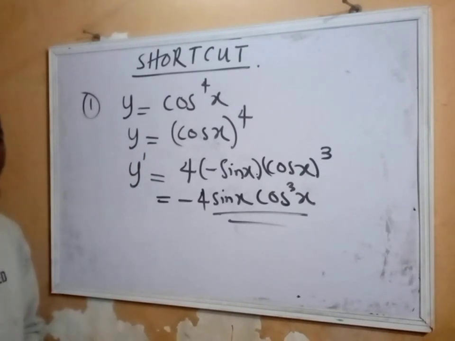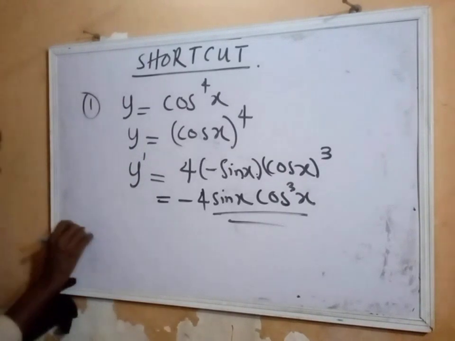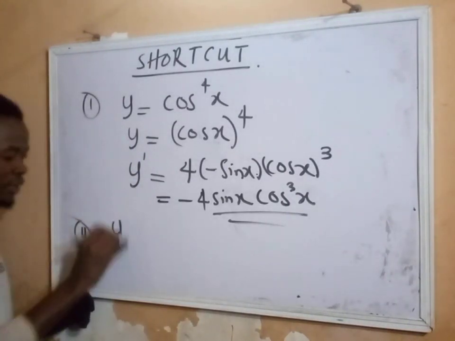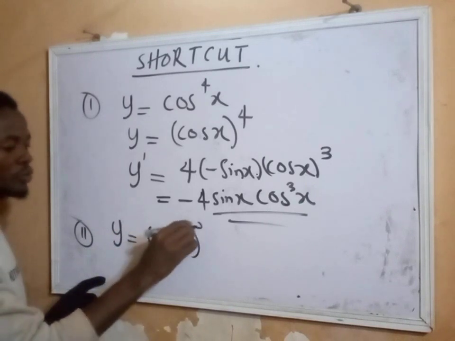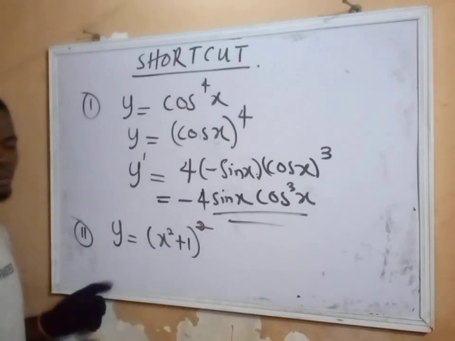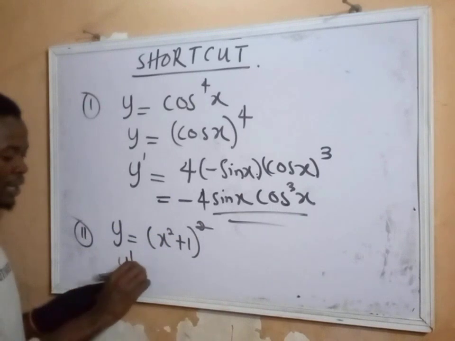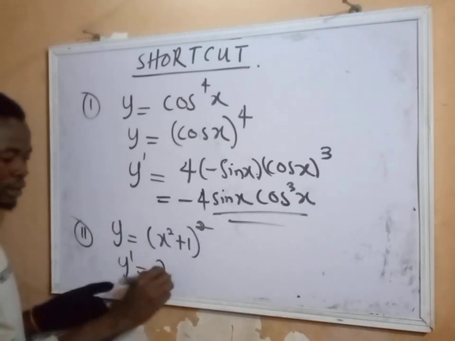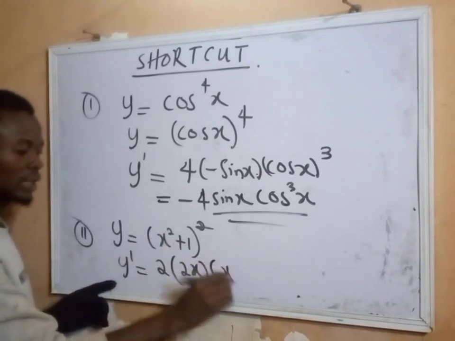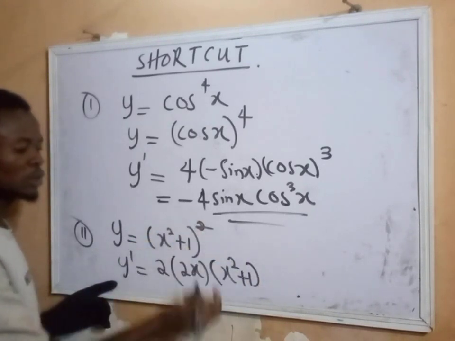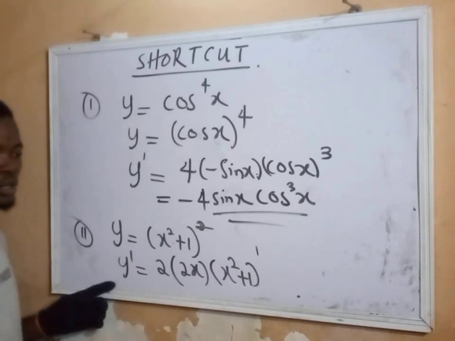If this is clear, let's see this tool as well. Suppose you are given y equals x squared plus 1, raised to the power of 2. Still apply the same thing. To obtain y prime, you take this 2 back, differentiate the inside, and we are going to have 2x. We write x squared plus 1, then subtract 1 from the power, that is 1.